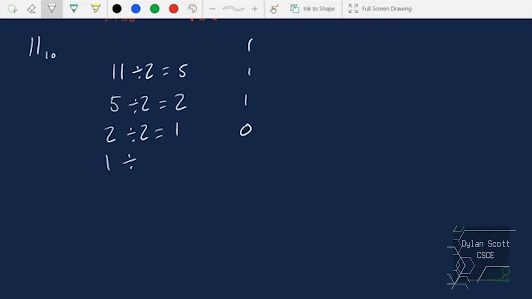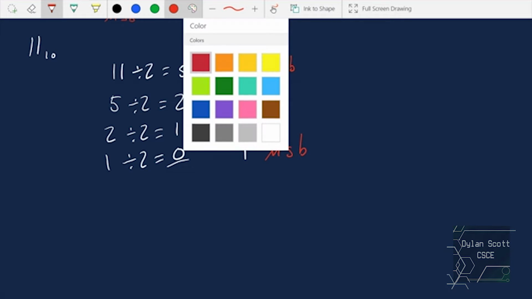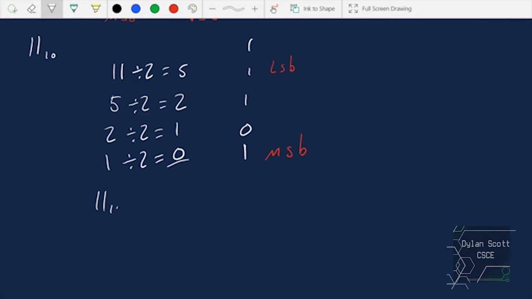And 1 divided by 2 is 0 with a remainder of 1. The final quotient is 0, so we may stop. This is our least significant bit, and this is our most significant bit. So 11 in base 10 is equal to 1011 in the binary system.